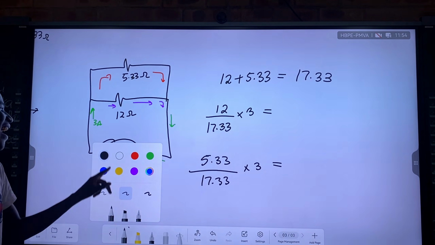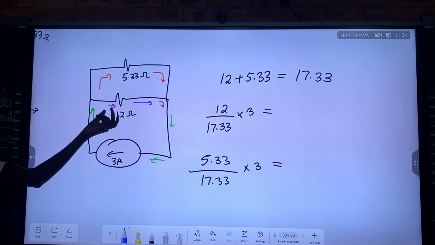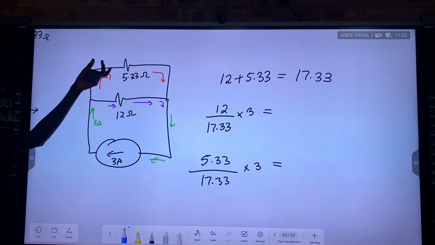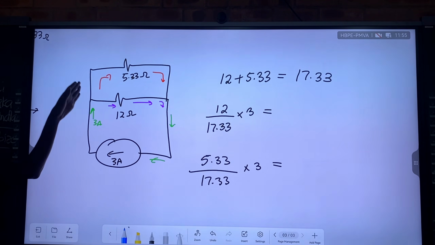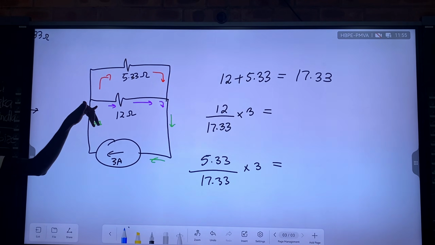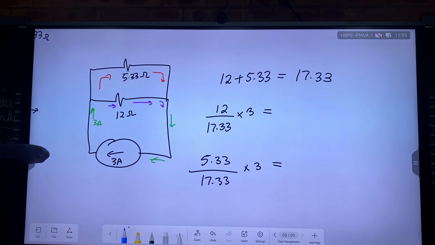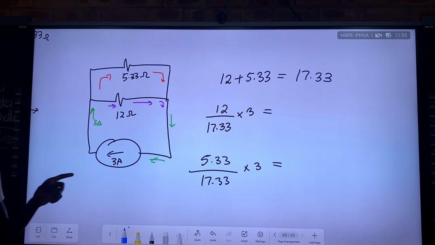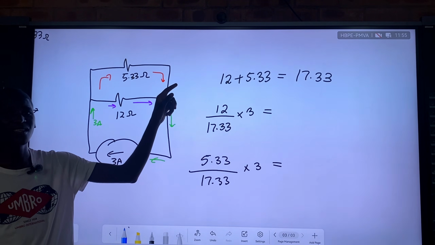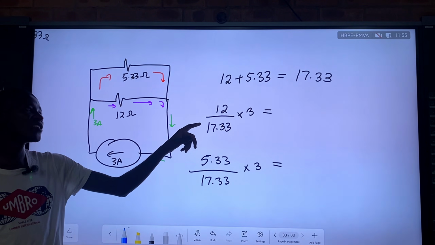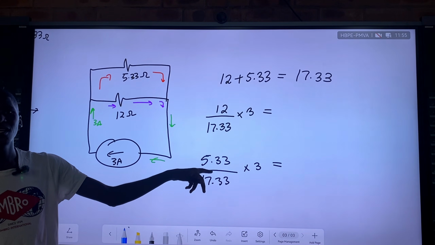Suppose which resistor here, the 12 ohms or the 5.33, will receive the greater current? Which current is bigger, the purple current or the red current? The red current. So what are the portions? Which portion are we going to take, this one or this one? The first one.